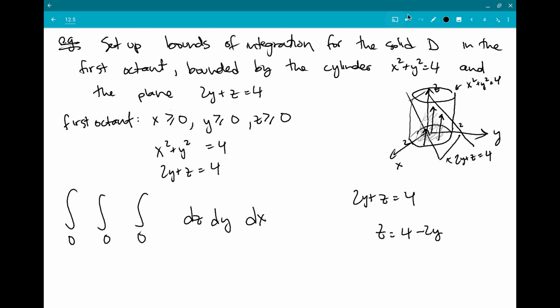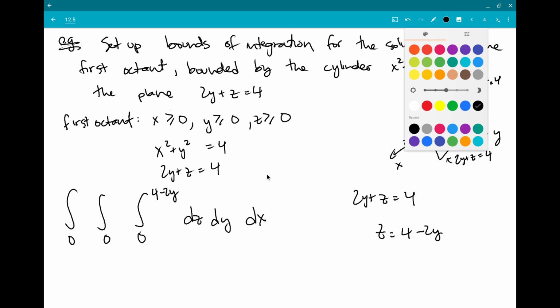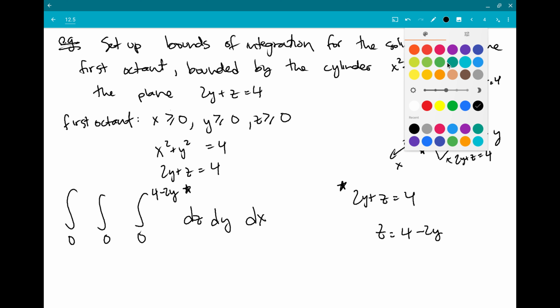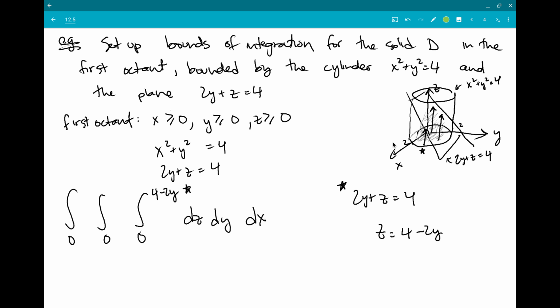So my z is bound by 4 minus 2y above. Next, I'm going to try to do my y.